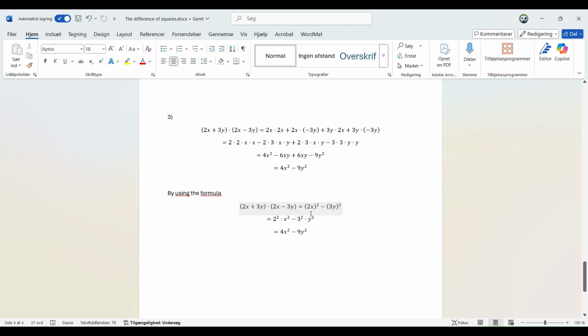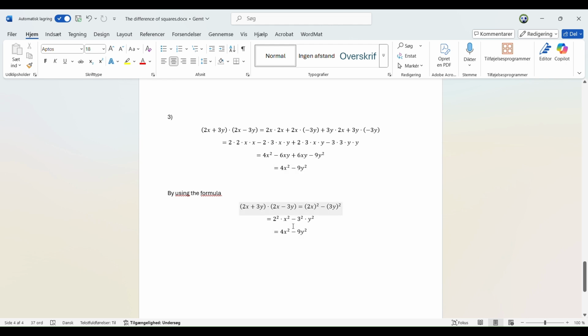So 2 squared times x squared, minus 3 squared times y squared. And we end up with 2 times 2, that's 4, and x squared is just x squared, minus 3 squared, that's 9, so minus 9 times y squared.